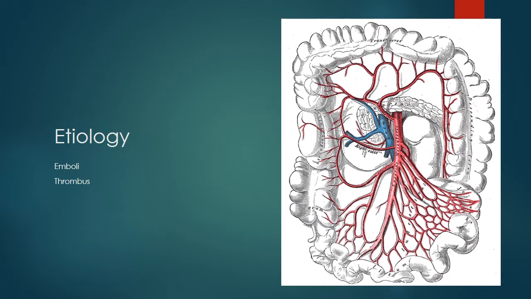Now, while thrombus is usually associated with the presence of ongoing atherosclerosis and a history of peripheral vascular disease, you can occasionally see mesenteric thrombosis occurring in the setting of trauma, where there's a vascular injury, or when there's been an infection, such as a mycotic aneurysm, or an emboli from an endocarditis which has formed a mycotic aneurysm, that can then serve as a source for progressive thrombus formation.